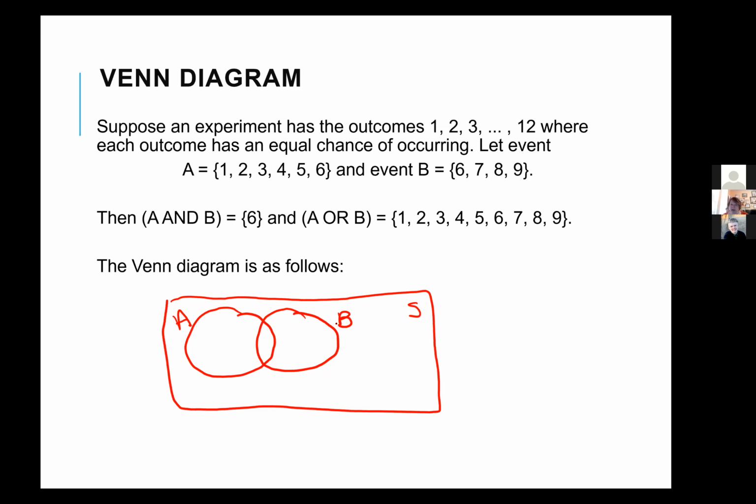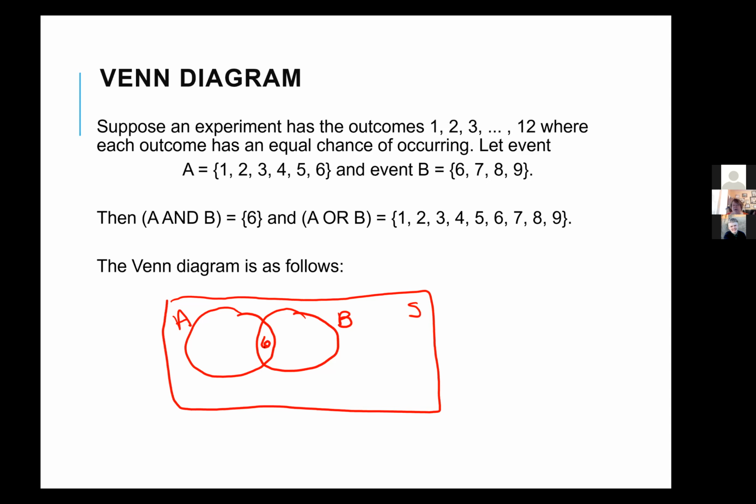So A and B is the number 6. Again, the event A consists of the outcomes 1 through 6. Event B consists of the outcomes 6 through 9. So these two events do overlap because they have an outcome in common, and that outcome is 6. So we put the 6 where they overlap.